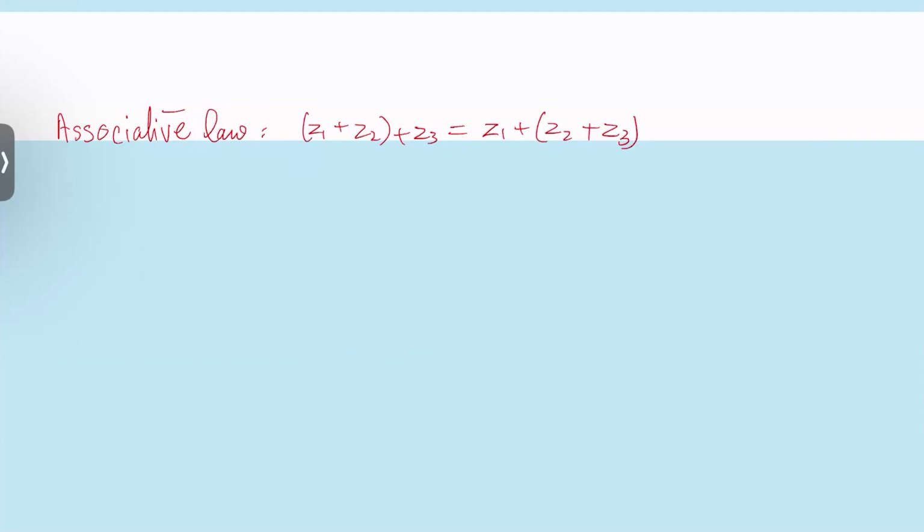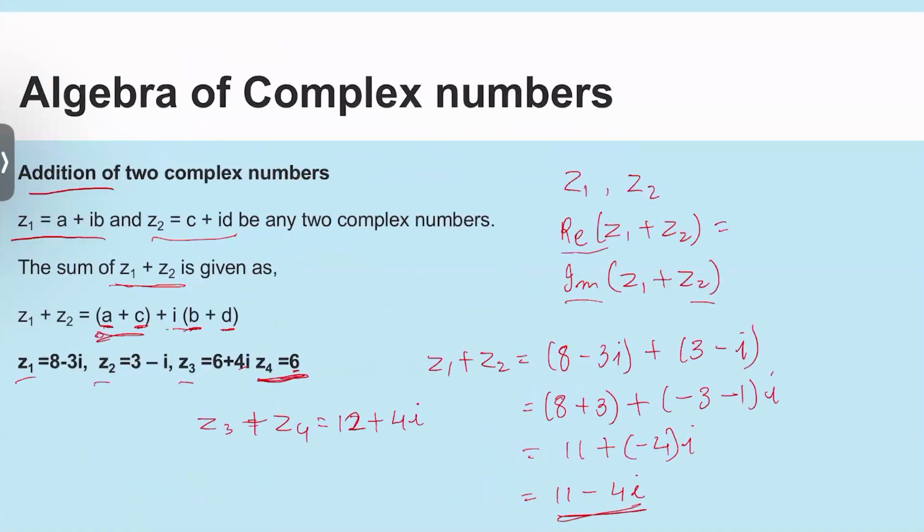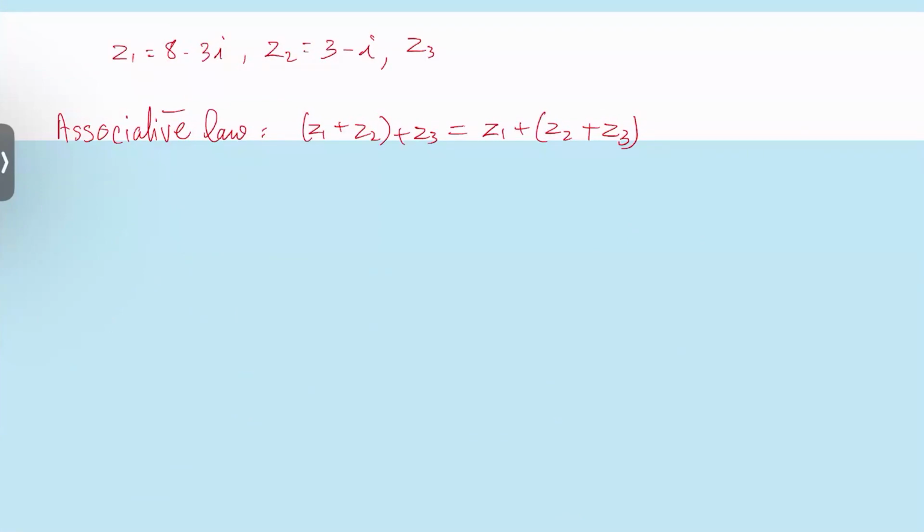I will just write the numbers that we were using in the previous examples. Z2 is equal to 3 minus i, and Z3 was 6 plus 4i.